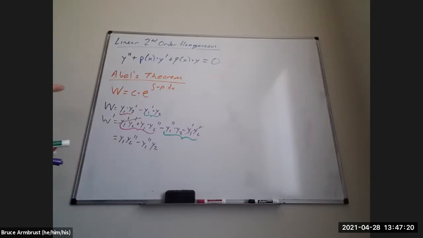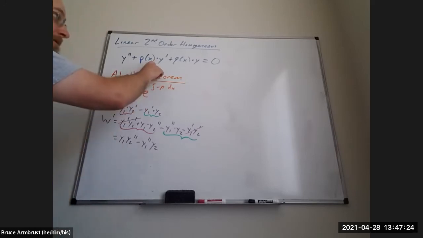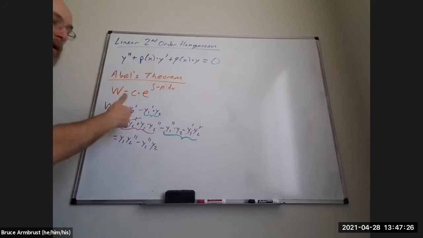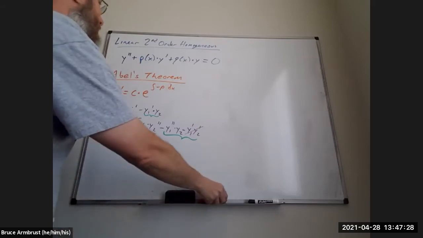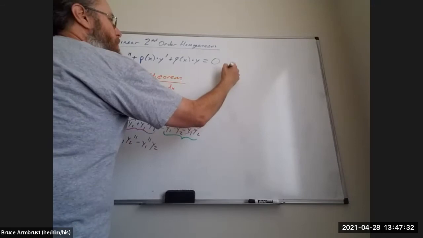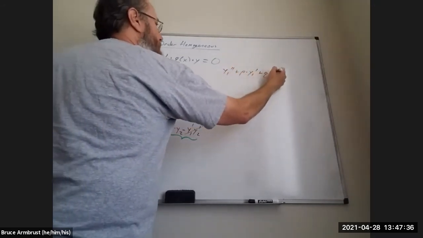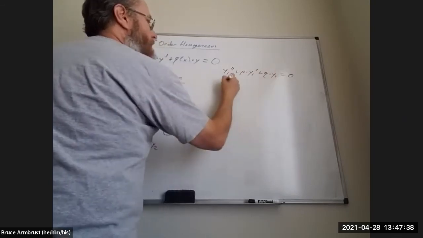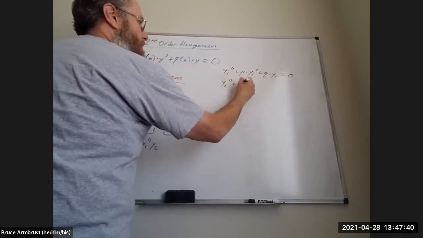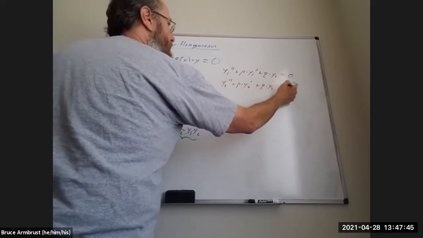All right, now let's go back to the differential equation and let's think about when y1 and y2 are plugged in. So we're going to have y1 double prime plus p times y1 prime plus q times y1 equals 0, and y2 double prime plus p times y2 prime plus q times y2 equals 0.